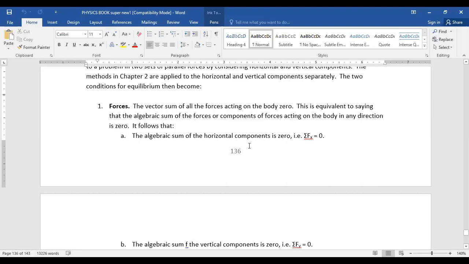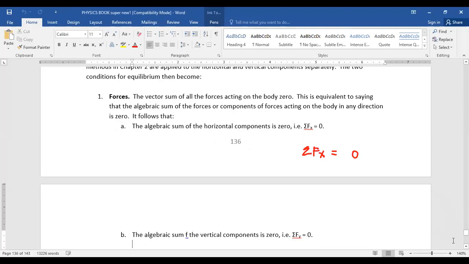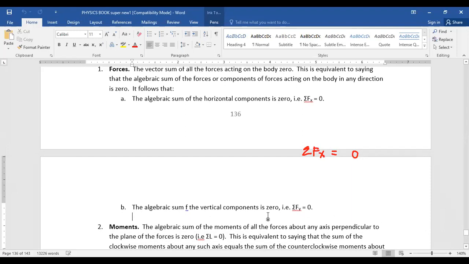That's why we have the summation of forces at x is equal to 0. That is because of the equilibrium. And we have the summation of forces at y, which is also equal to 0. Okay.